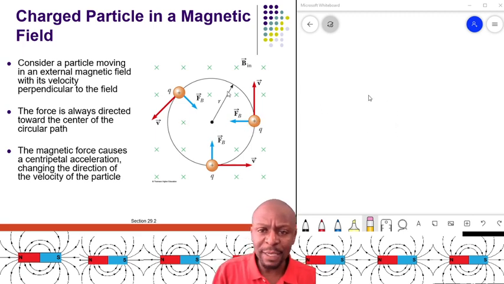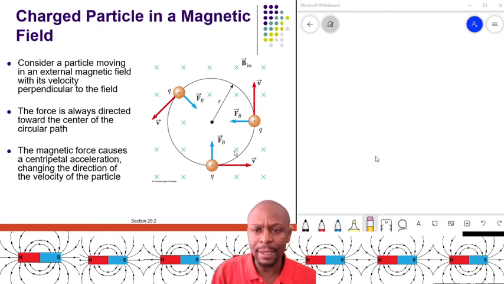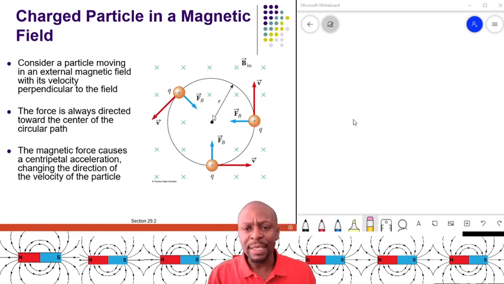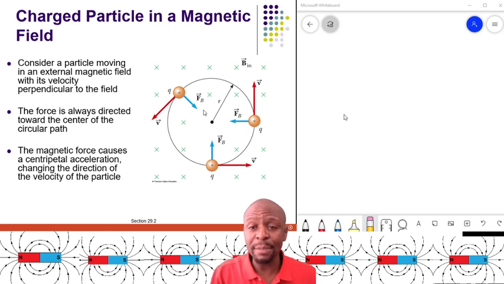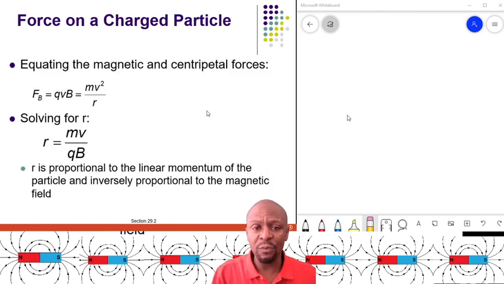Now, because this charged particle is moving in a circle, we are able to determine the radius of that circle. If we assume that the only force acting is the magnetic force, then that force must be equivalent to the centripetal force. From that, because we know what the centripetal force is, we can write the radius of that circle.